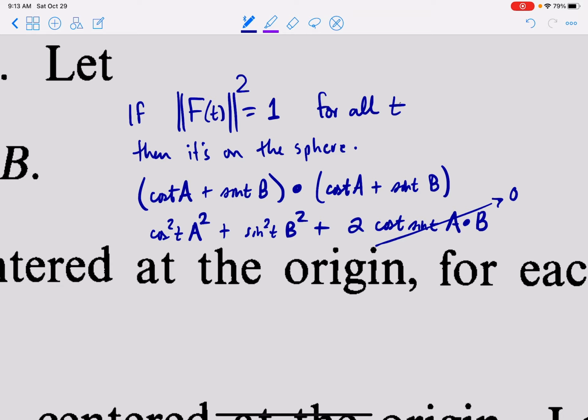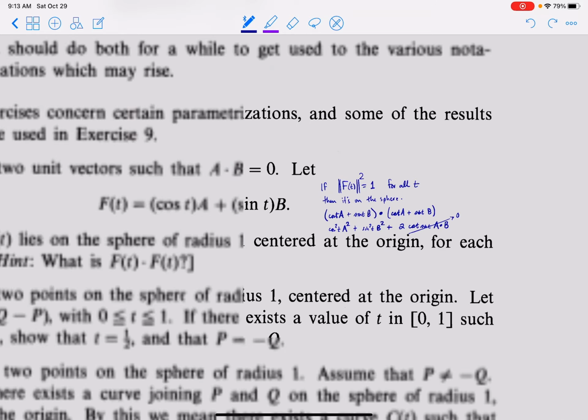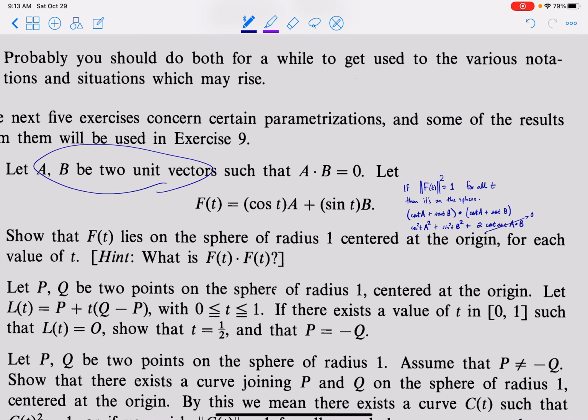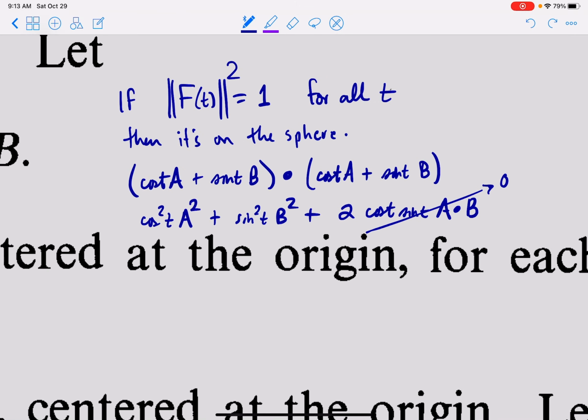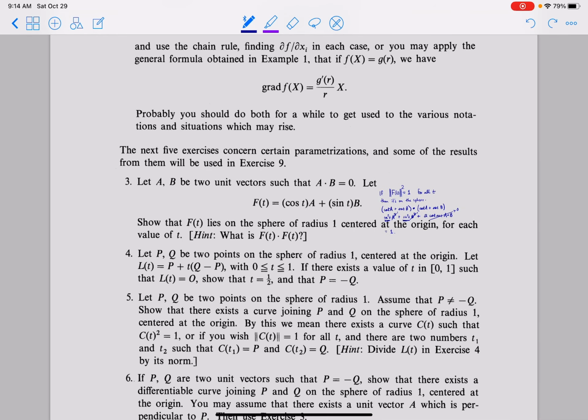And then a squared and b squared, if they're unit vectors, are both equal to 1, so this becomes a 1, this becomes a 1, and we're left with cos squared plus sine squared, which equals 1. So yeah, it's on the sphere. Done with number 3.